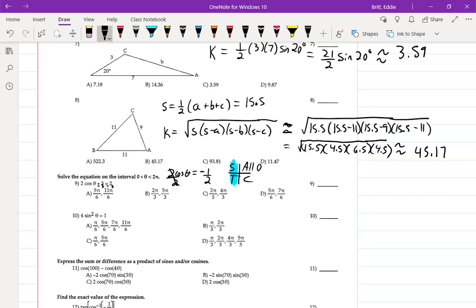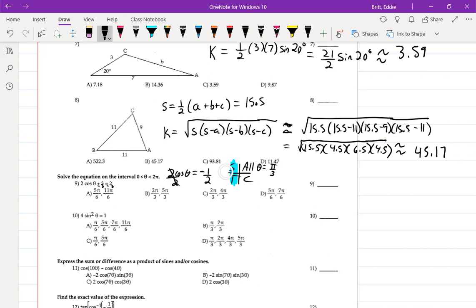So all I need to do is name the angle measure from the first quadrant, where cosine would be positive 1/2, and that's pi over 3. As if you look at the points in the first quadrant on your unit circle, the only one that has a positive 1/2 in the x coordinate is pi over 3.